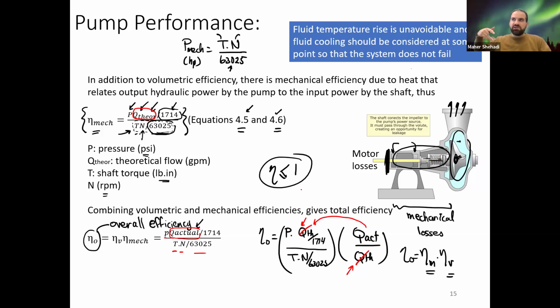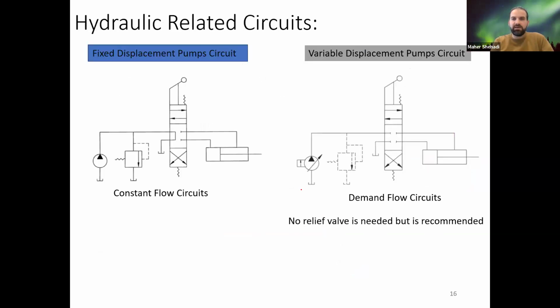The question was, what happens if you started from the higher pressure, so you close the valve all the way and then you start opening? It's different because the pressure is different, which heats up the fluid. And then what's the main effect? It's going to change the viscosity of the fluid. So that's something we need to keep in mind when we do this type of analysis.